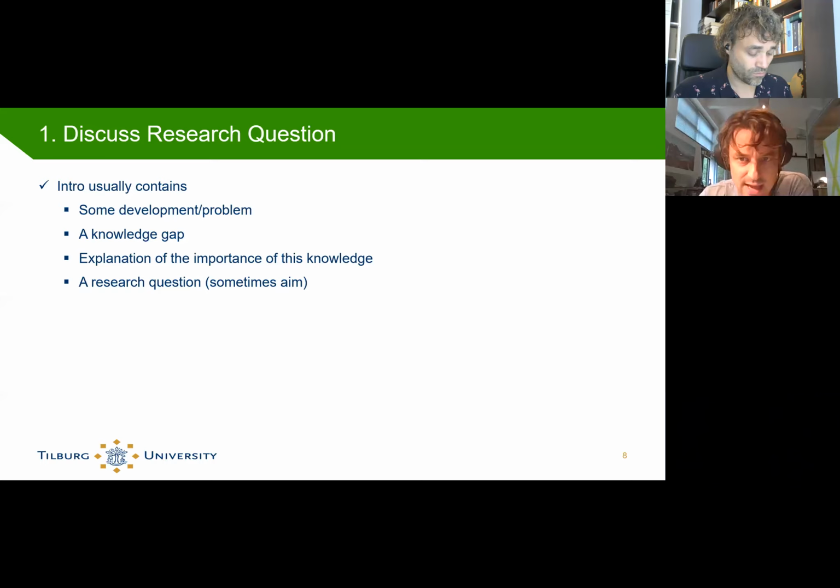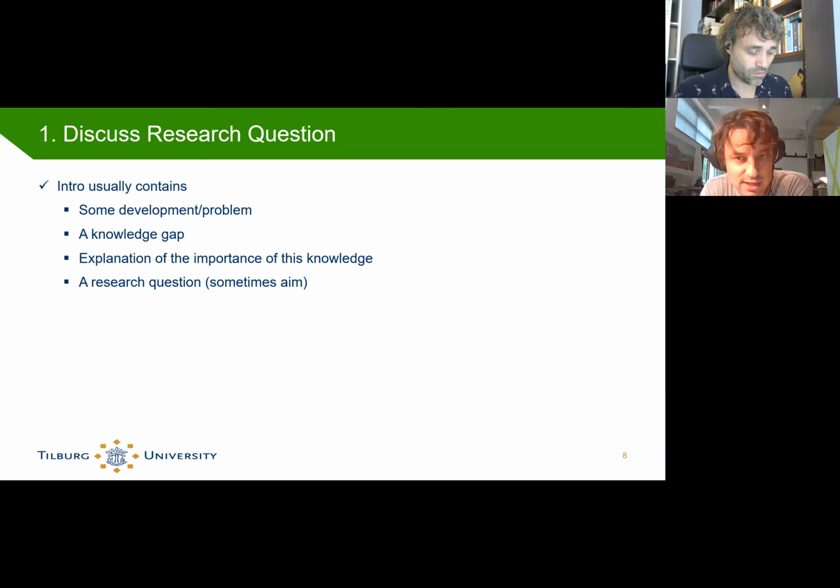The authors are then aiming to close that knowledge gap through their empirical work, right? And that needs to be made explicit. Otherwise, you don't really know what knowledge an article is supposed to generate. Some articles don't do that, but you often see that sentence.